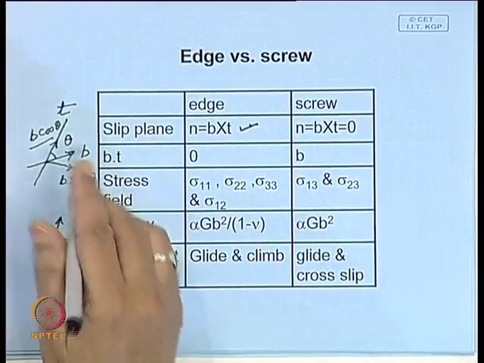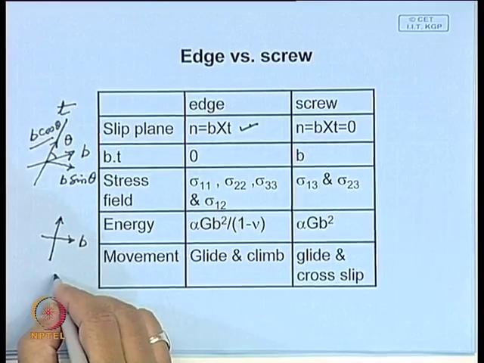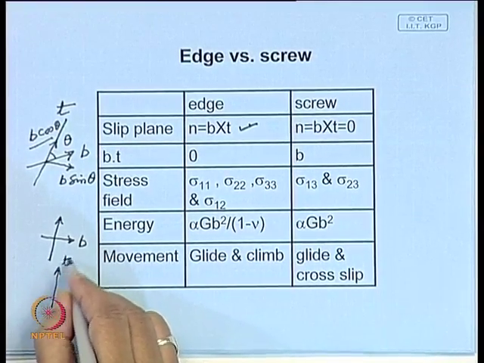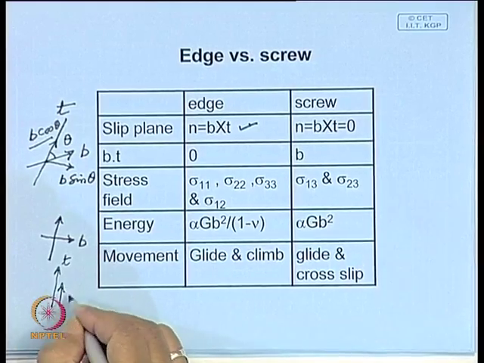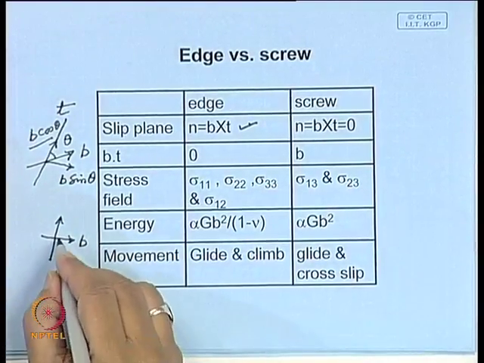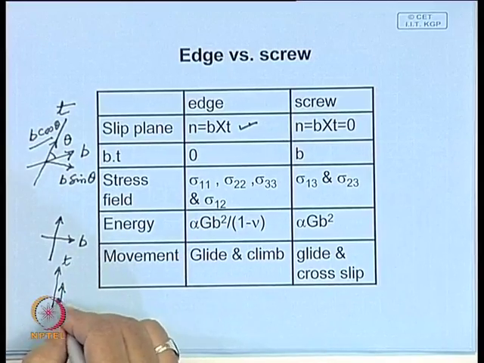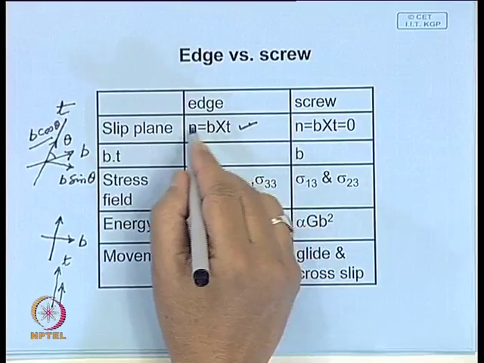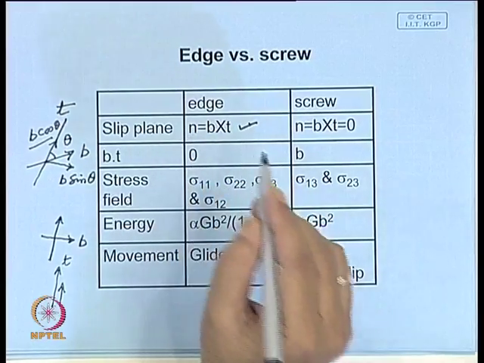Same thing if you try for screw dislocation, this is the dislocation direction, this is the Burgers vector. If you take a similar thing, the plane n comes out to be 0. b cross t is actually the vector representation of the slip plane.